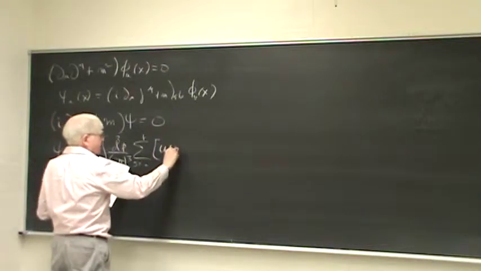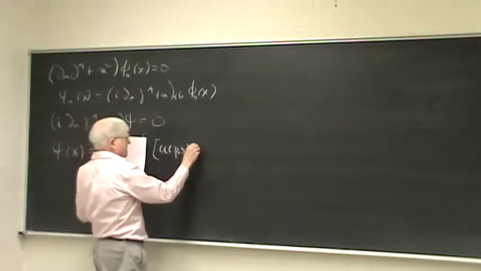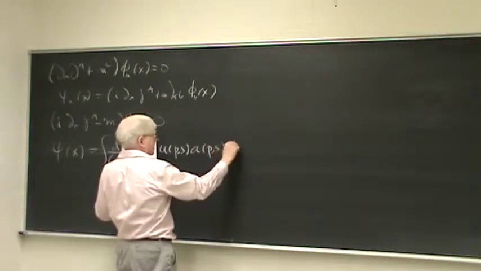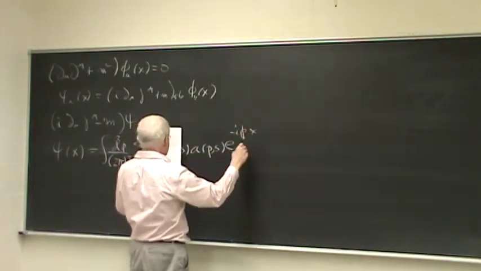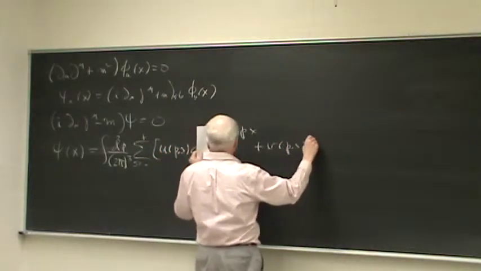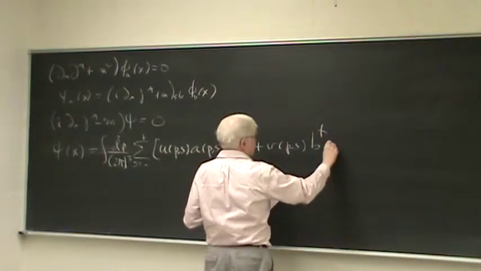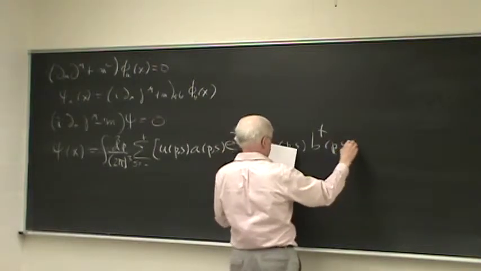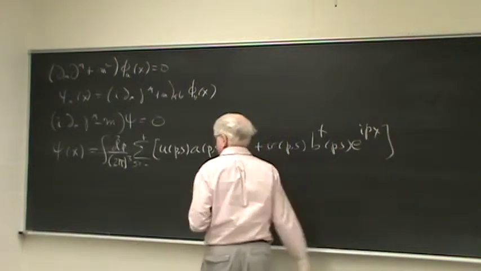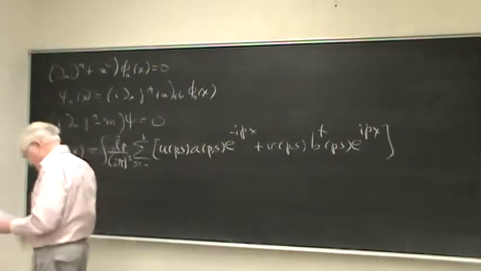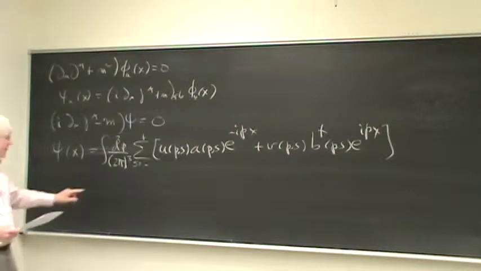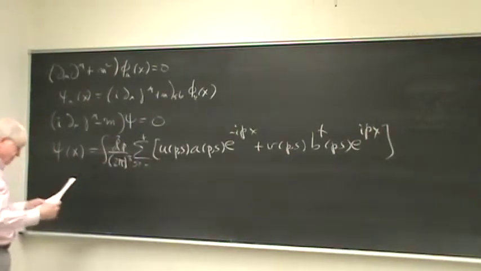And then we have u(p,s), some a(p,s) e^{-ipx} plus b†(p,s) e^{ipx}. So that's the usual way to expand these things. And so the question is, what are the u's?